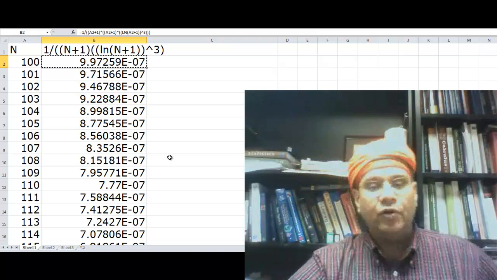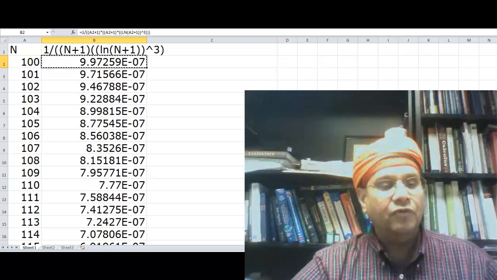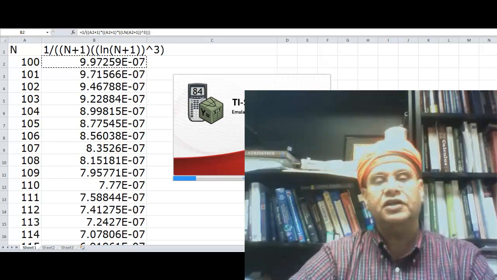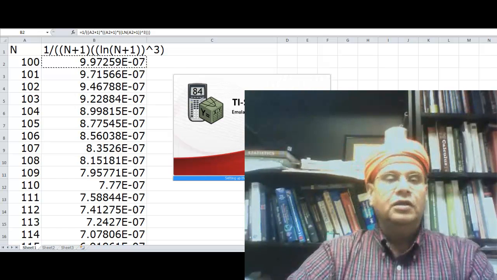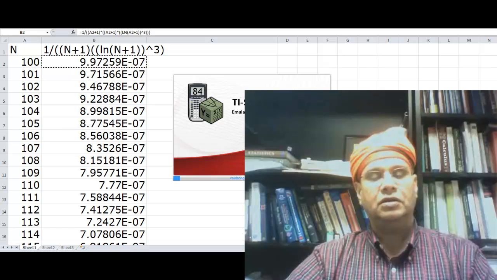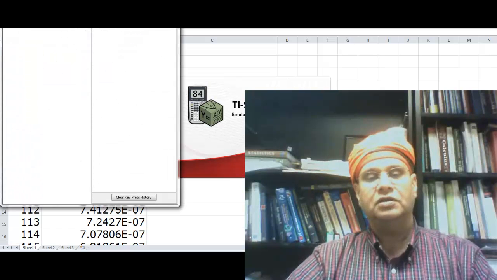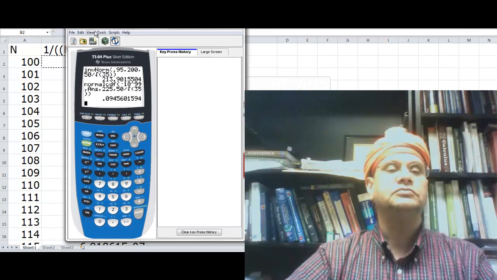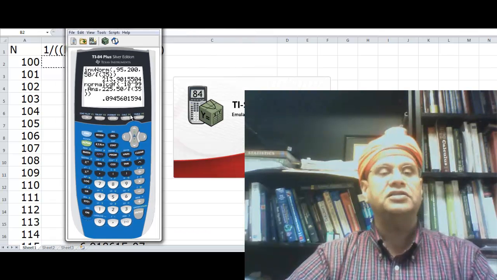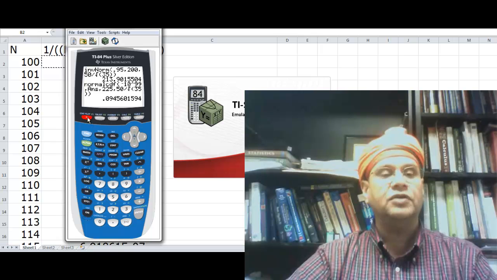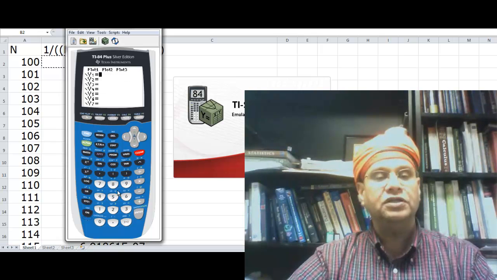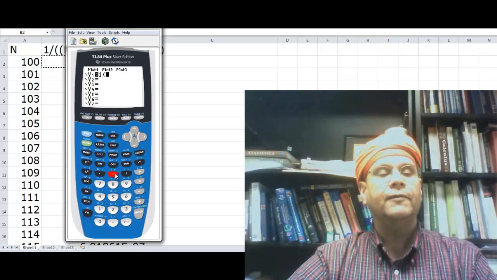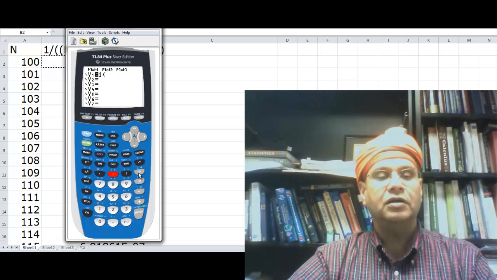Makes sense? Now let me just show you how you would do that on the calculator. On the calculator we would just have this, right? Here we are. How to find the sum, you mean? Right, the same table of values. So first thing we will do is enter our function. Oops, sorry about that.